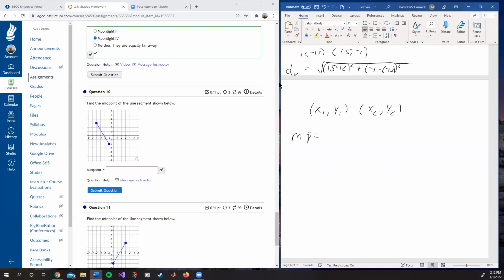The midpoint is the point that is the average, x1 plus x2 over 2, y1 plus y2 over 2. So for this one here, we first have to identify our 2 points. So point 1, we'll call it negative 4, 3. And point 2, negative 1, negative 2.